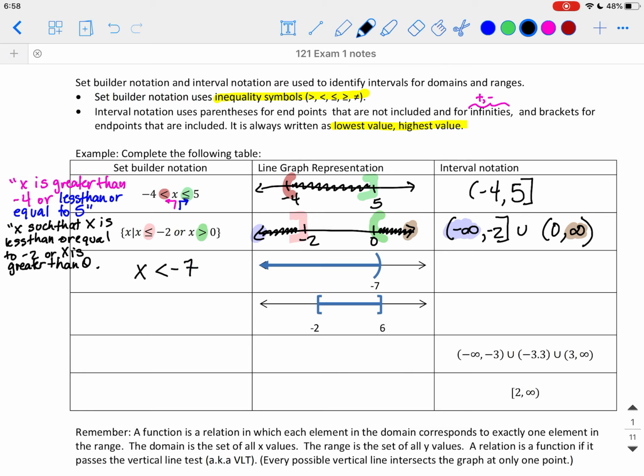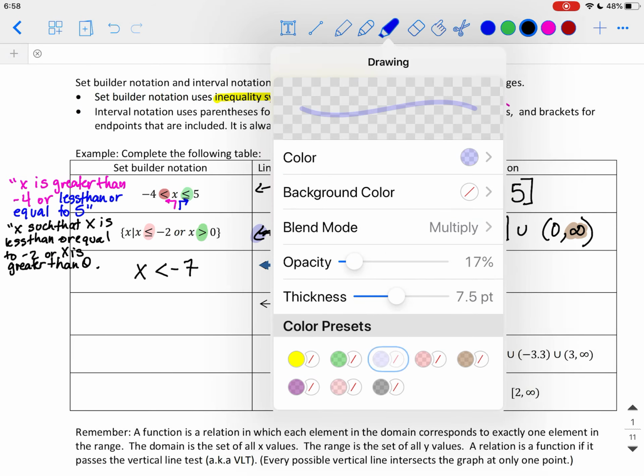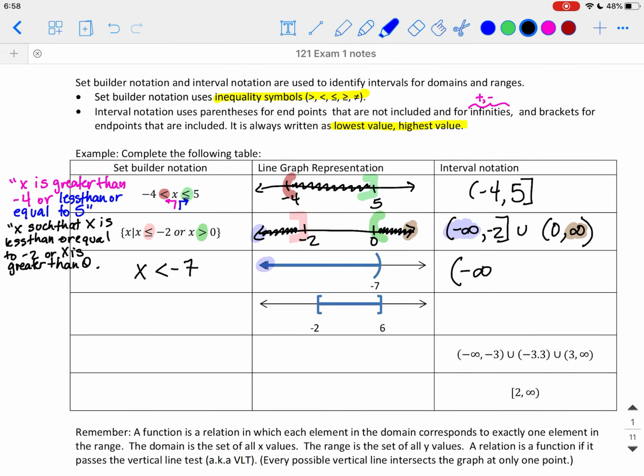And so for interval notation, it's going to be from negative infinity with a parentheses all the time for infinities. And because of this arrow going forever to the left, that's the reason why we have that negative infinity. All the way up to -7, and the -7 is not included. So we put a parentheses around it.